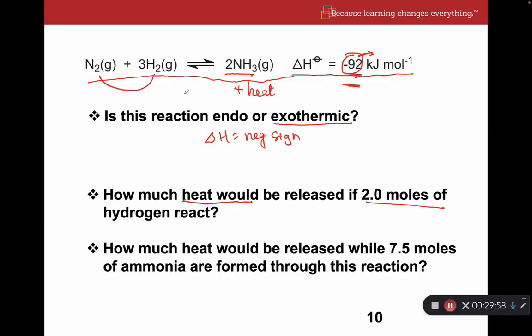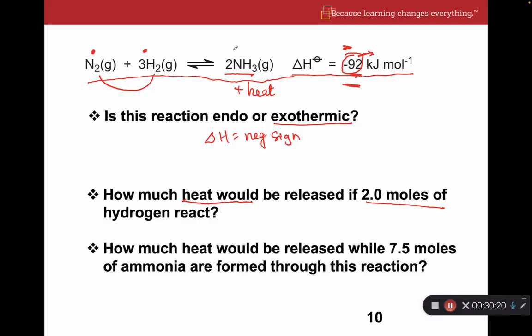What information do we get from this equation? When 1 mole of nitrogen reacts, it will release this much heat. When 3 moles of hydrogen react, it will release again the same amount of heat.